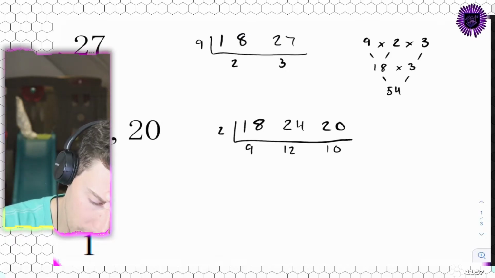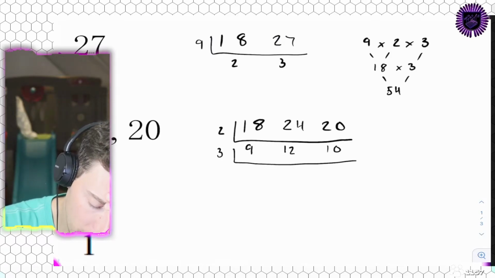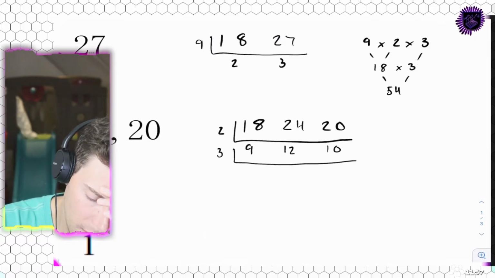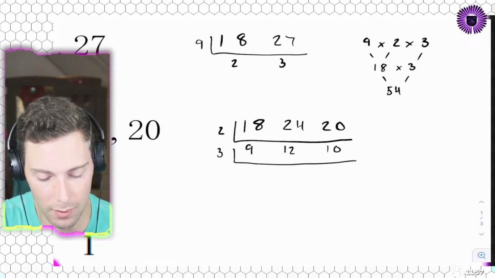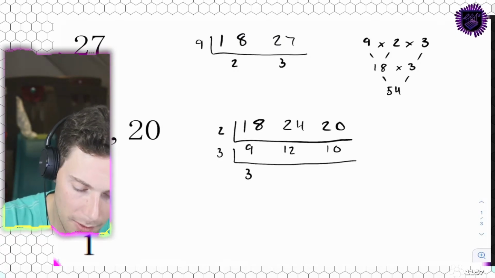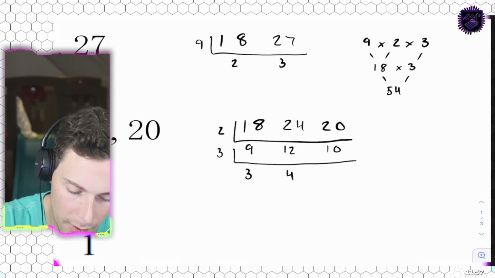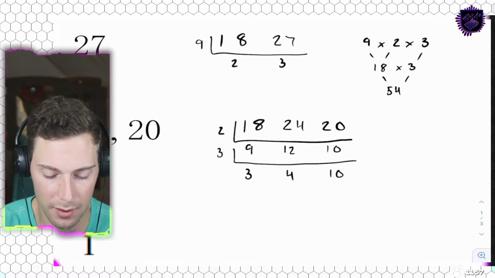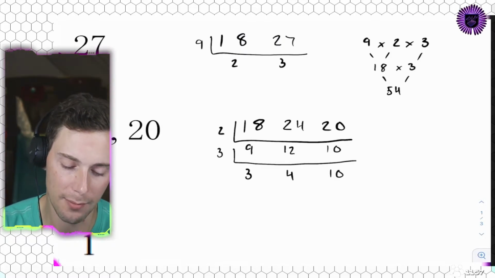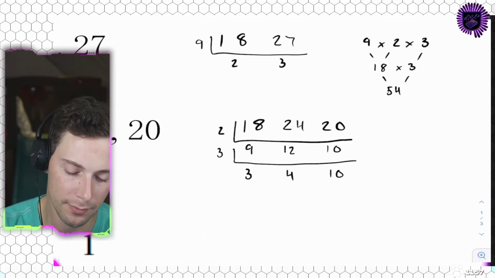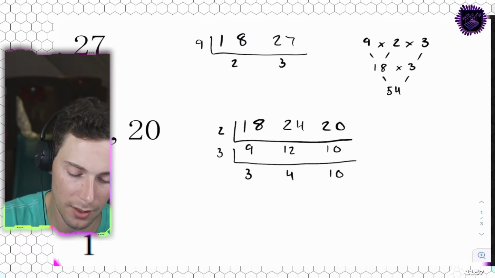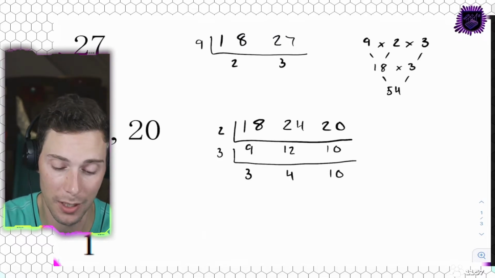So let's go 3. That's going to work for 2 of them. 3, 4, and we don't do anything to 10 because it's not a factor. And I don't mind the 10 being there actually, because it's a nice, even, easily multipliable number.